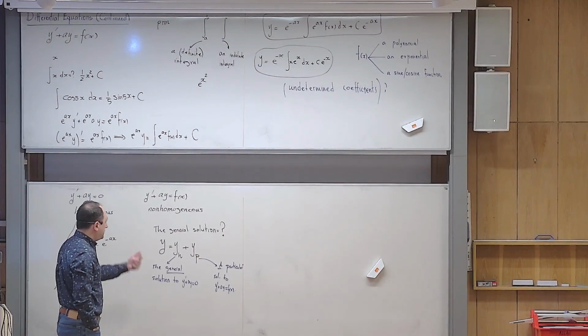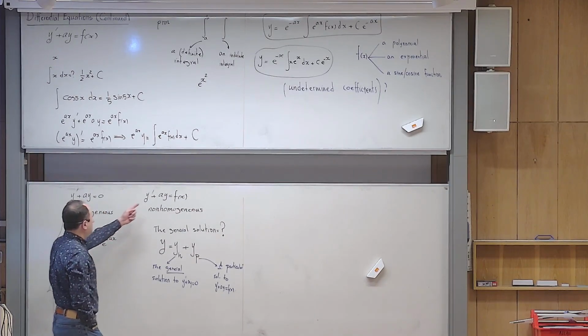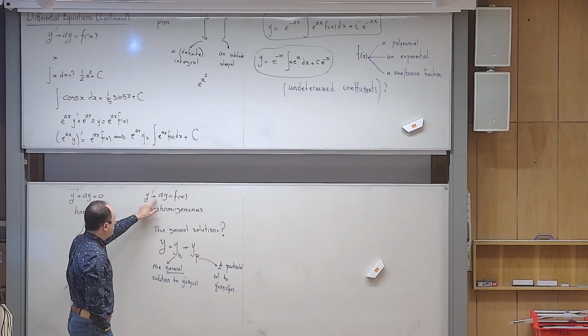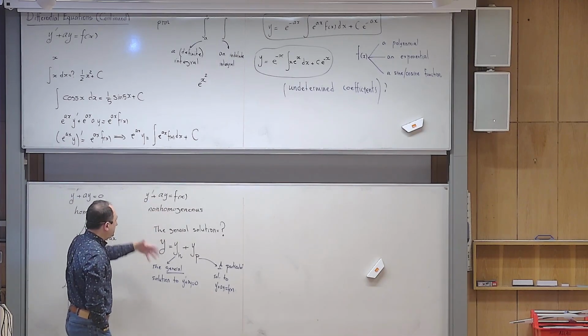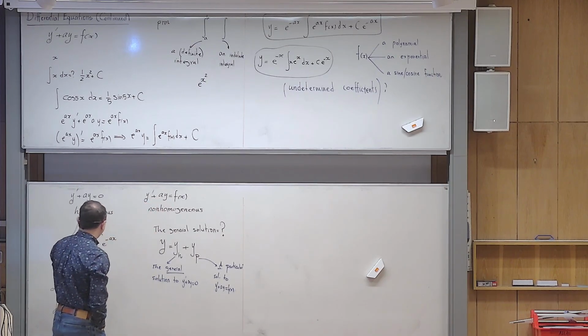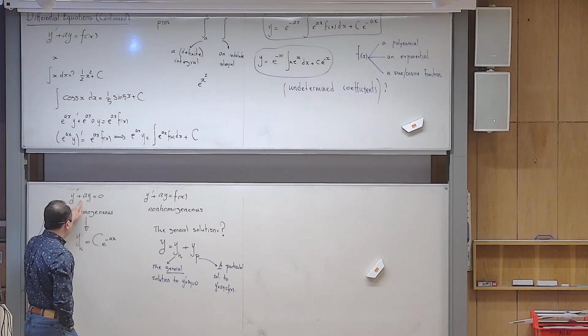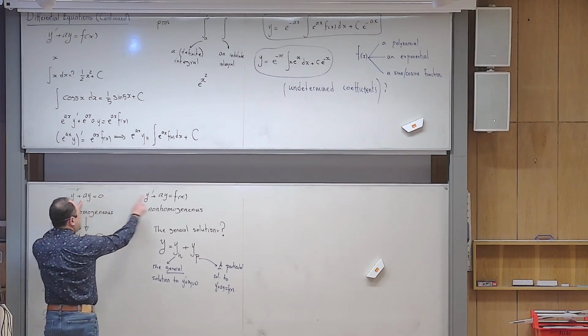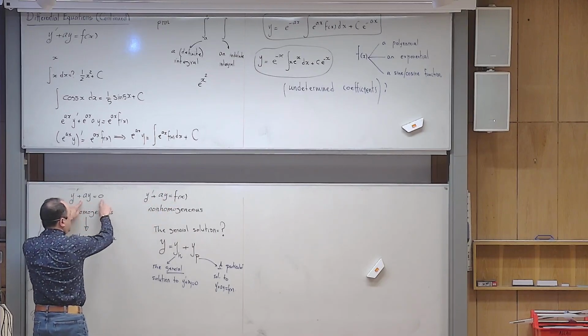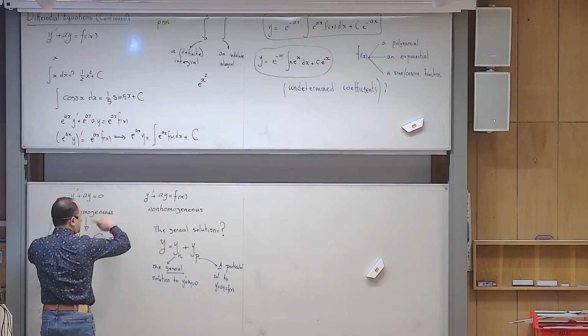If I want to explain it once more, I give you this differential equation, which is the non-homogeneous one. If f of x is not 0, my goal is to find the general solution. Here, I am claiming that instead of finding the general solution to this, you can go and find the general solution of this one, which is exactly the same one, unless the right-hand side is just 0, the corresponding homogeneous one.